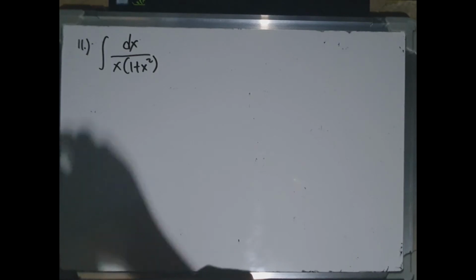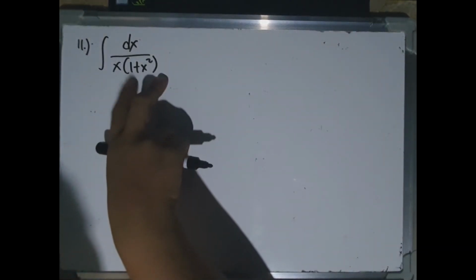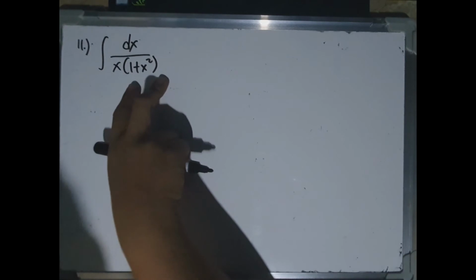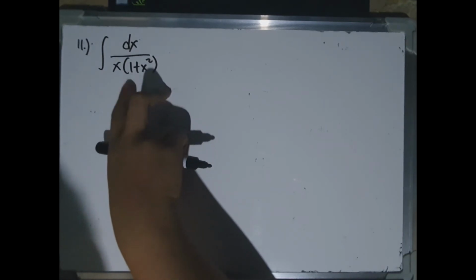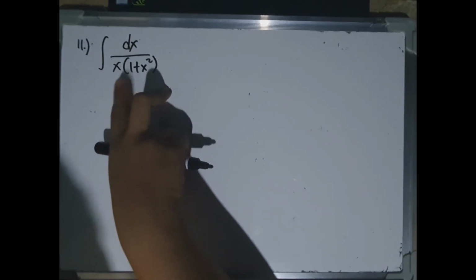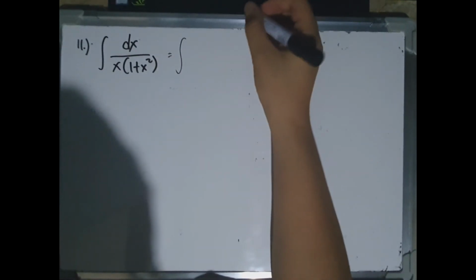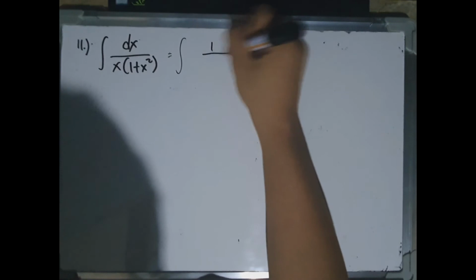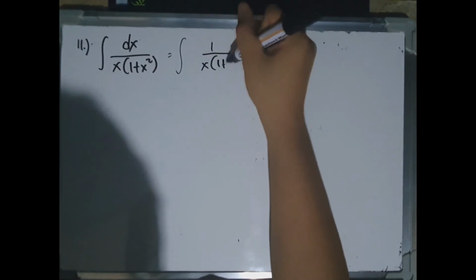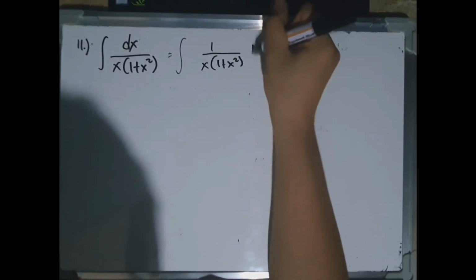How about correcting the numerator in order for us to have the same value in our denominator? So this could be rewritten as 1 over x, 1 plus x squared dx.